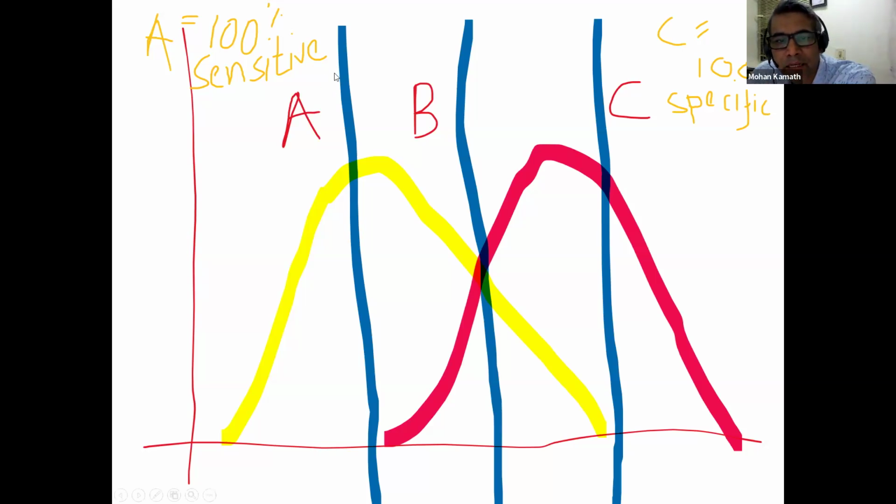If I have a cutoff at 100, you can see here that the red peak is totally above 100. That means that once you have a cutoff of 100, it's identifying almost all the patients with the condition. So this test, if you keep a cutoff at 100, that is at A, it is 100% sensitive.